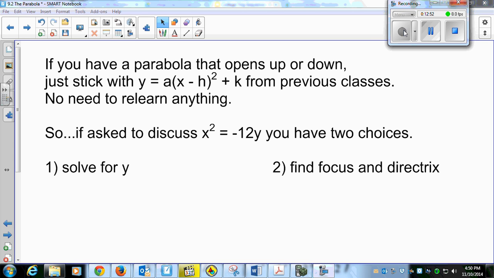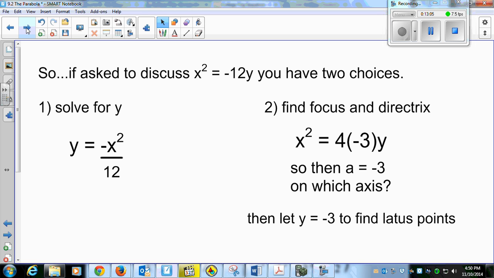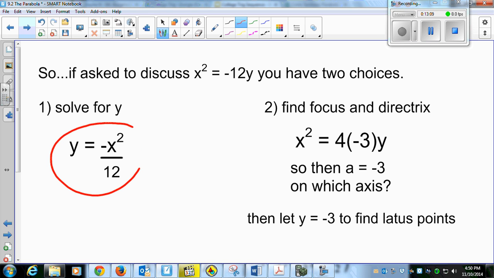All right. So as you guys have some tools in your toolbox for dealing with parabolas opening up and opening down, remember you have 2 choices now to solve them. One is doing it like you did before. Go ahead and solve for y, and you end up getting a parabola like this. And you see that I got from my original form this a is going to be equal to -1 over 12.